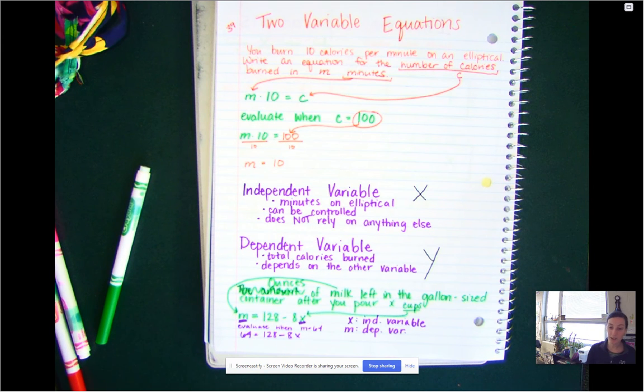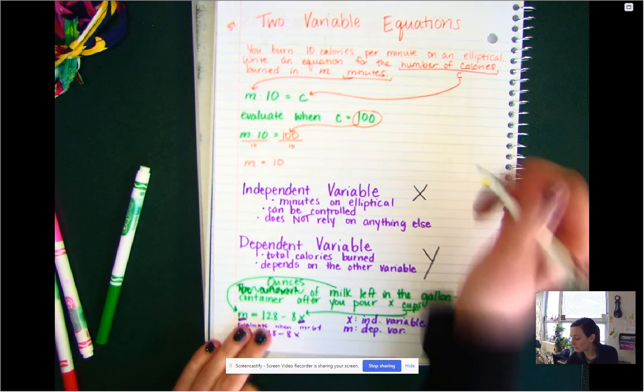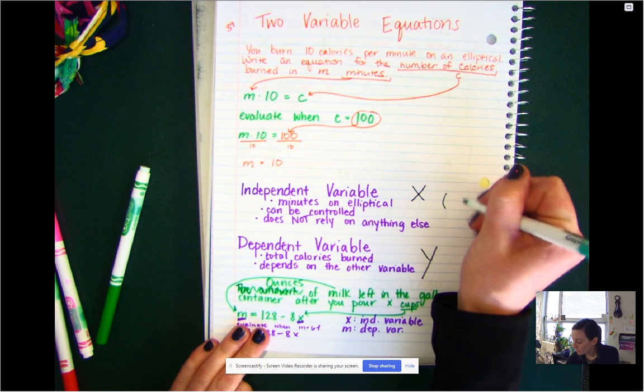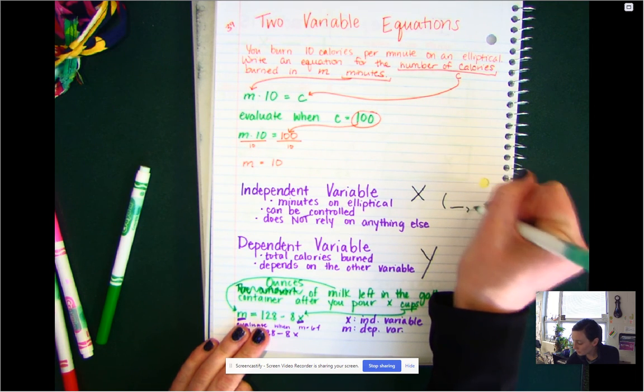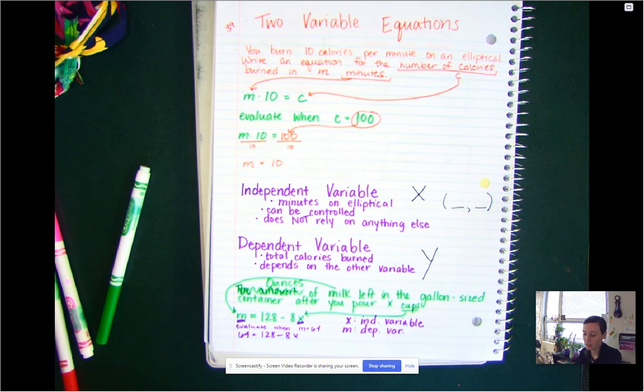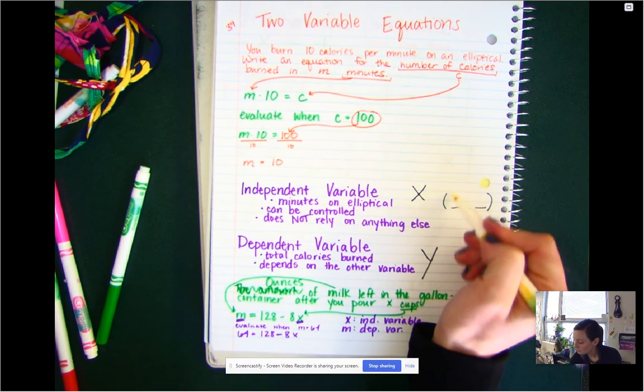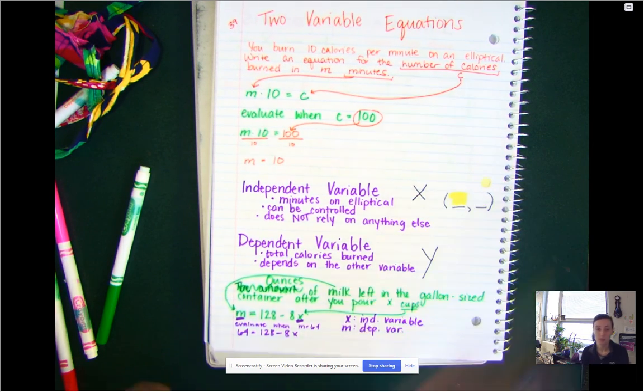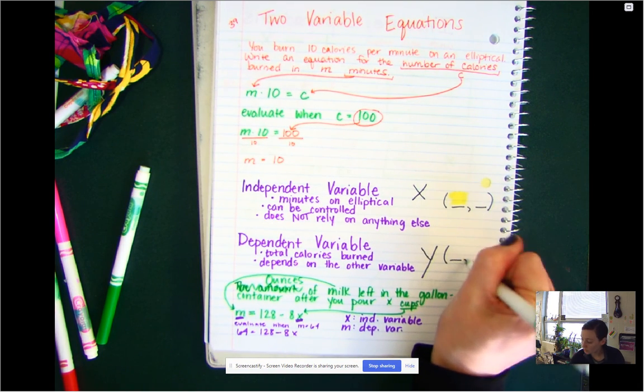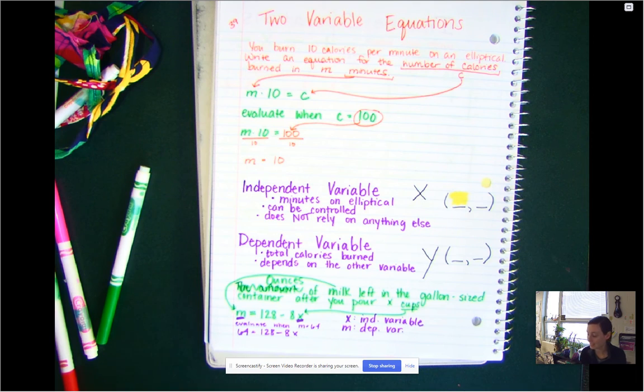The independent variable is always x, the first part of an ordered pair. The dependent variable, maybe that's good for me to write. So in blank, comma, blank, it's always this one. The dependent variable is always y. It's always the second one.